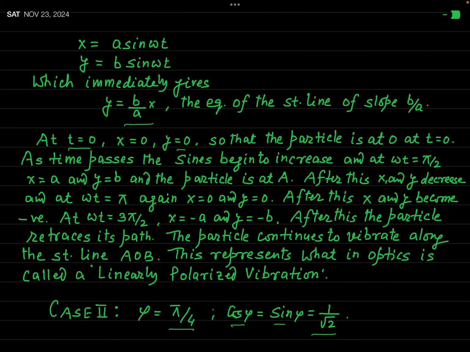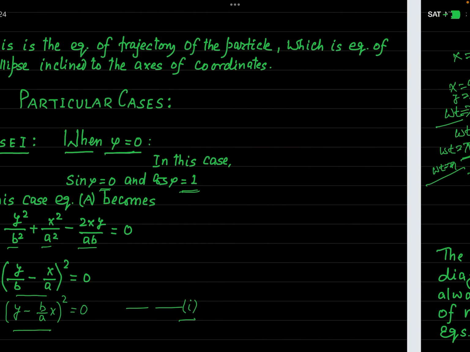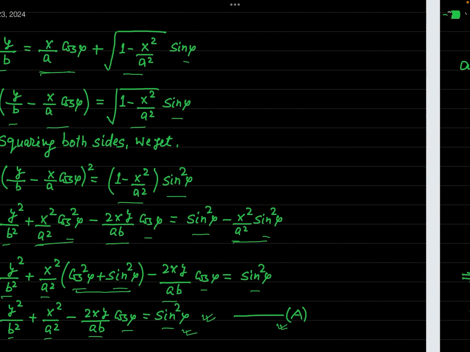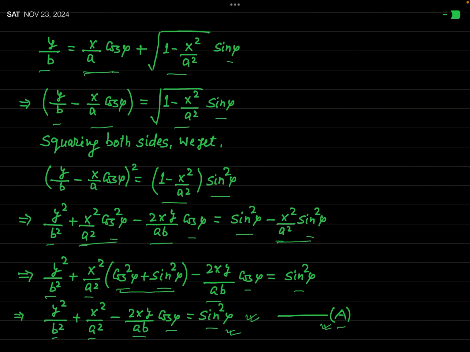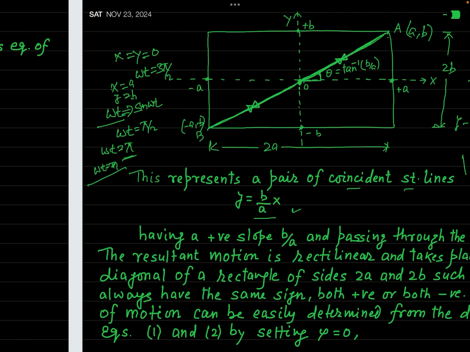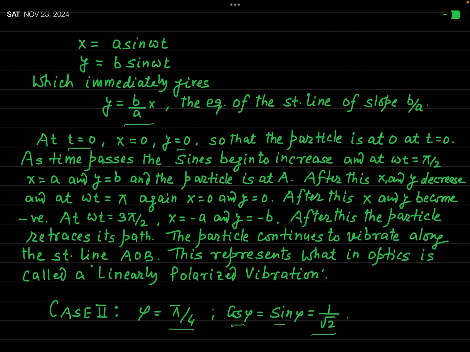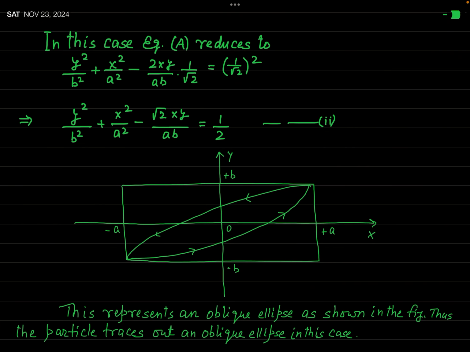So now we will substitute 1 over root 2 instead of cos phi and sin phi in this resulting equation which we have obtained here in A.